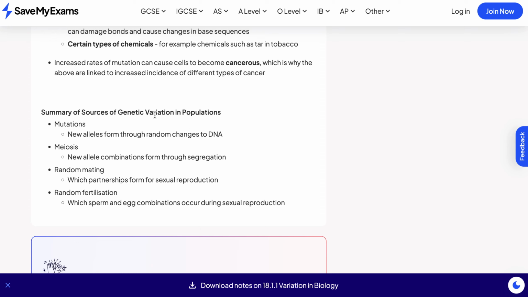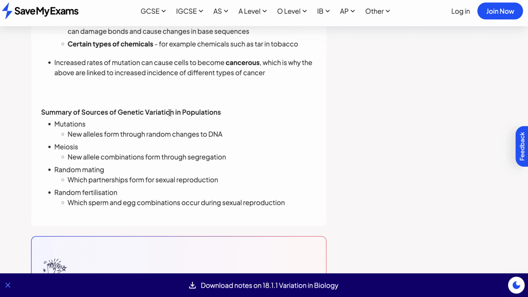Mutation causes variation a lot, because it affects your DNA, changing it to something different. It leads to the formation of new alleles through random changes to the DNA. Since new alleles are formed, the characteristics of the person will begin to be different.